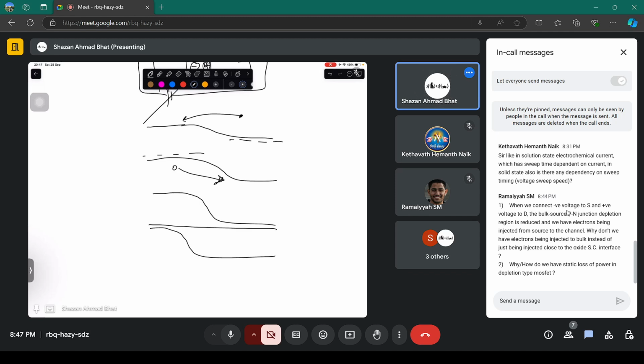During that time, these holes have to move back here and electrons have to move back here. Only then this particular scenario can be established again. So this is called the recovery time of a diode.